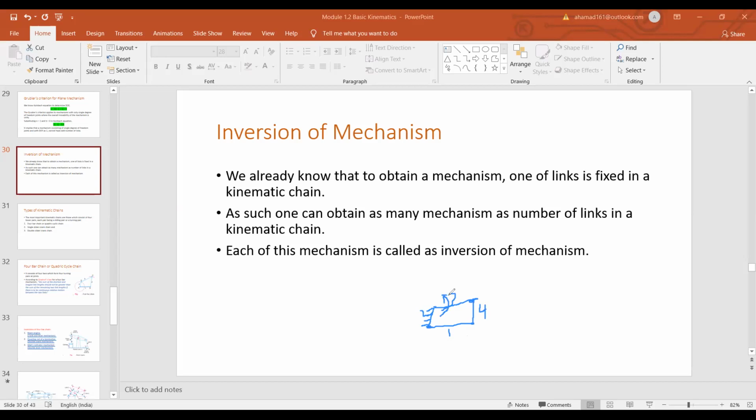If link 1 is fixed and link 3 is connected, I can make any one of these links the input link. So I will give some input to link 3. Then you have to observe how the motion of link 1 and link 4 is. By observing this motion, you will come to know the specific features of that particular mechanism, and accordingly you can employ this mechanism in your applications.